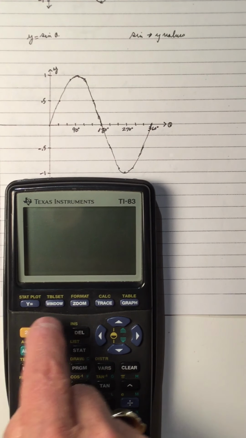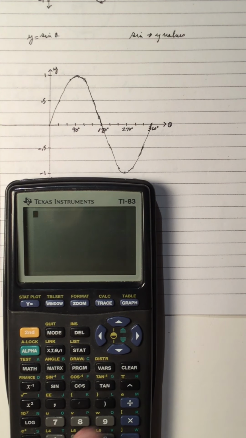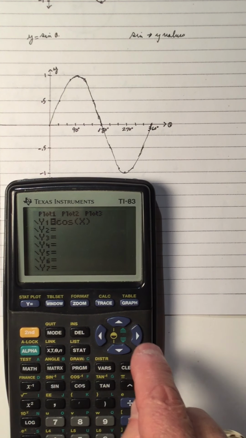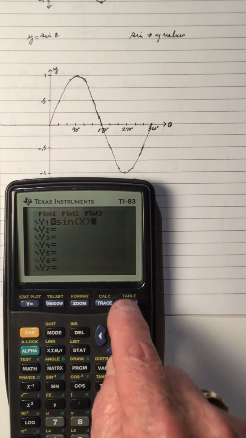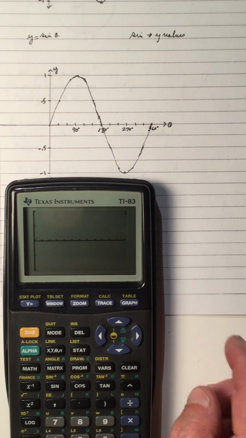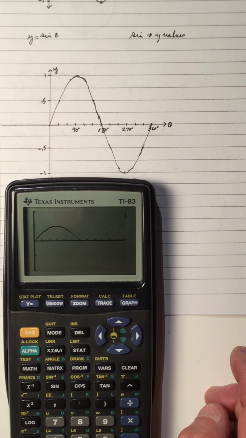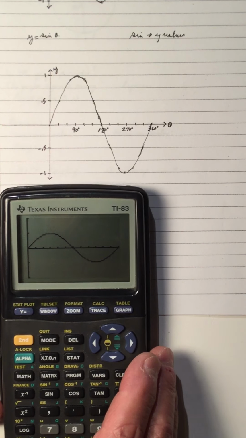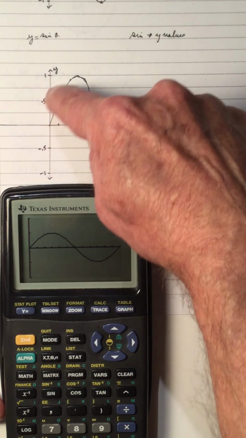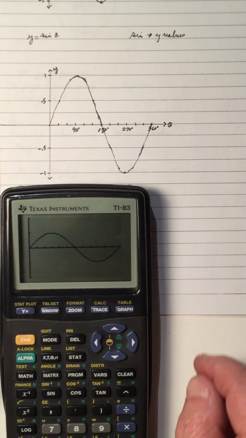So now I have to turn on my calculator again, and I'm going to change the equation. So I'm going to put sine x, same as the theta, and hit graph. And again note, same shape, it goes up.